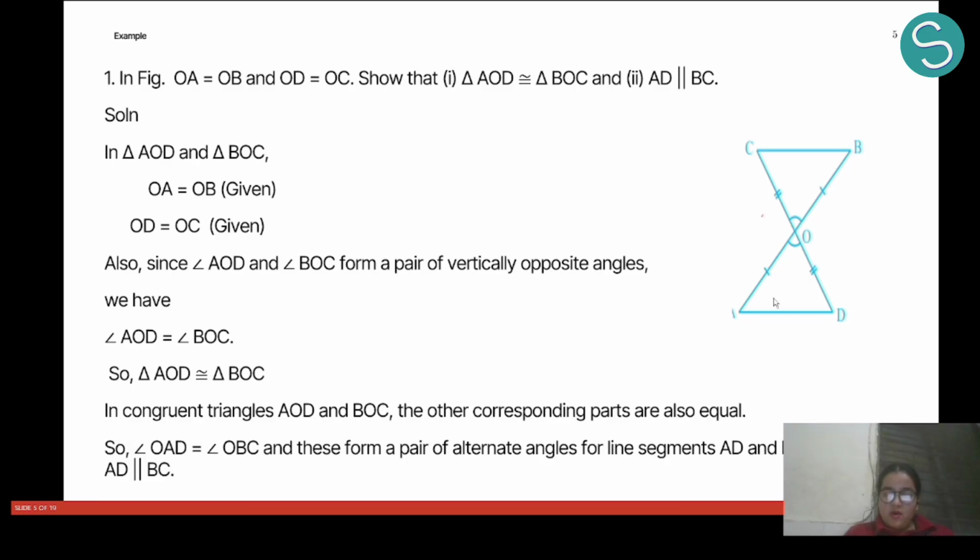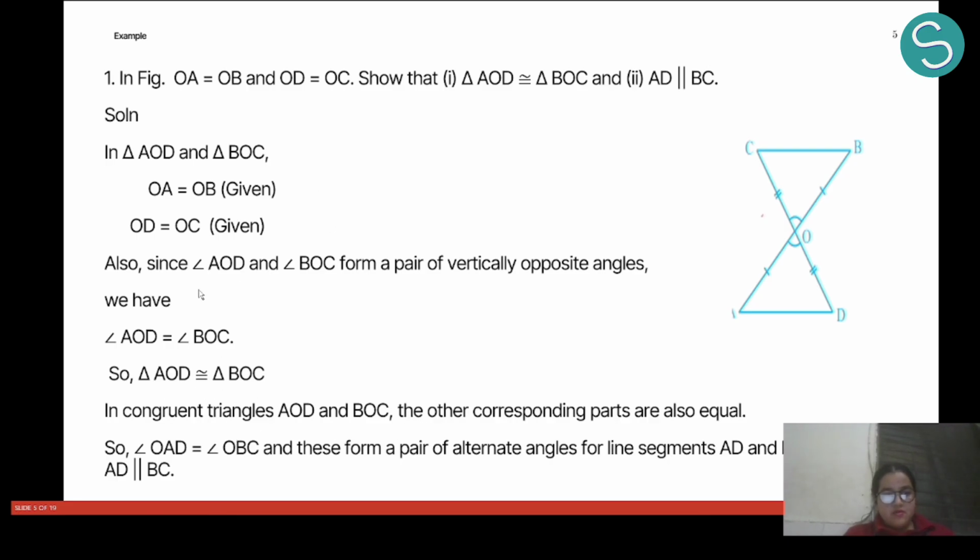By vertically opposite angles, angle AOD and angle BOC are equal. So OA equals OB, OD equals OC, and angle AOD equals angle BOC. This implies by the side angle side criterion that triangle AOD is congruent to triangle BOC. This is the symbol of congruence. Whenever we see that triangles are congruent to each other, we will use this symbol.